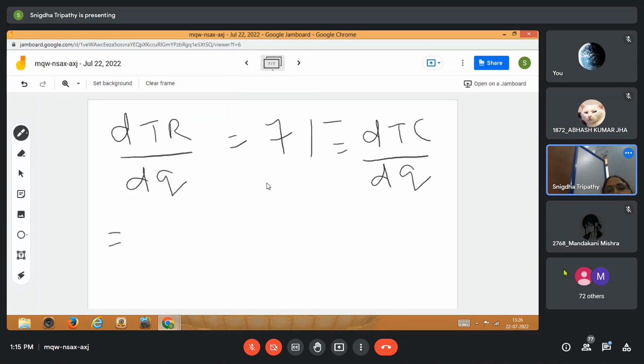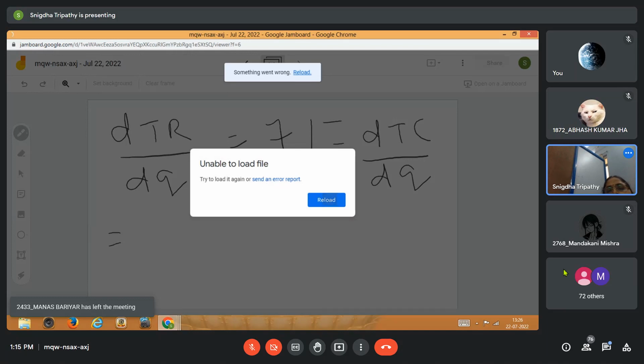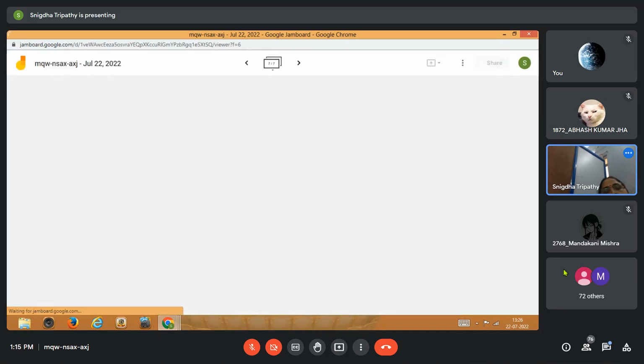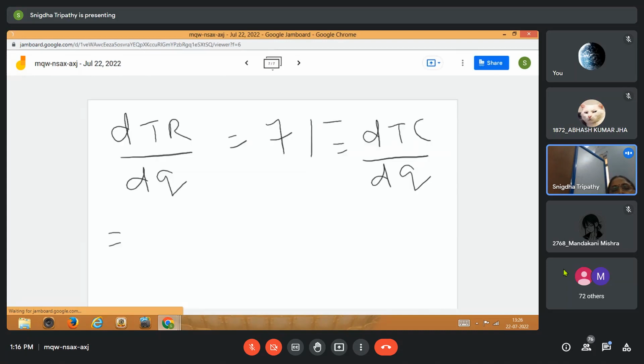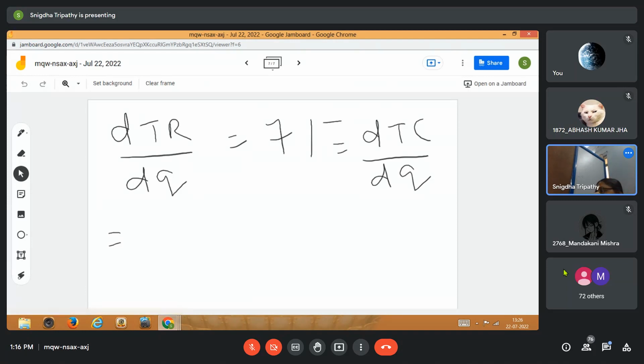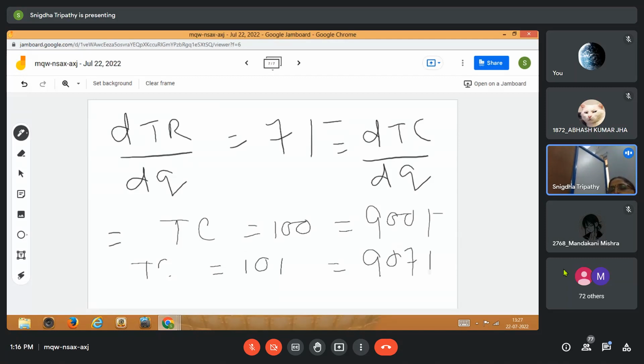Suppose the total cost of manufacturing the same 100 units is 900 rupees, and the total cost of manufacturing 101 units is 907 rupees.